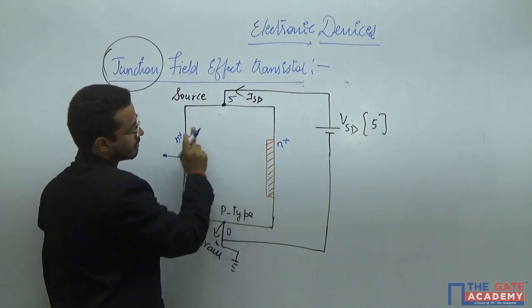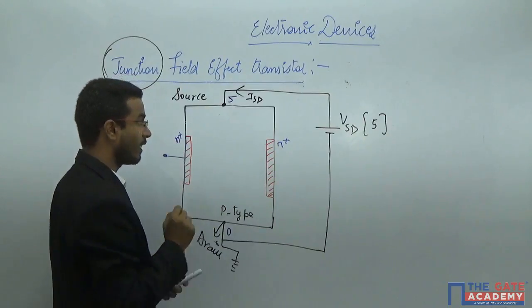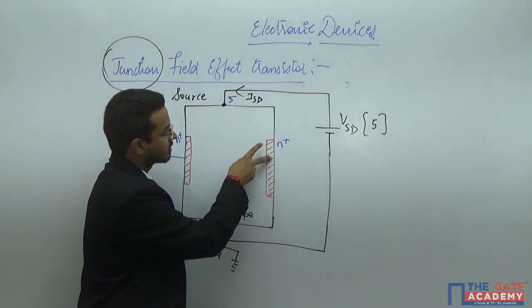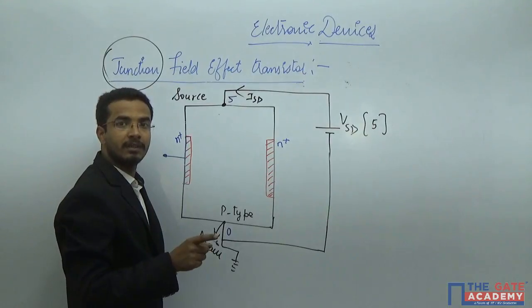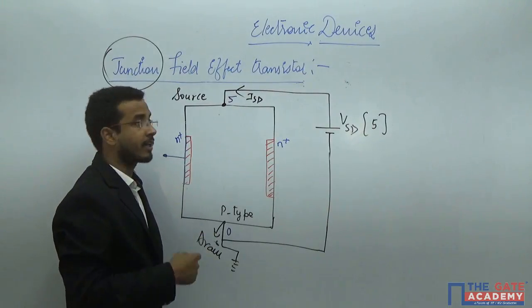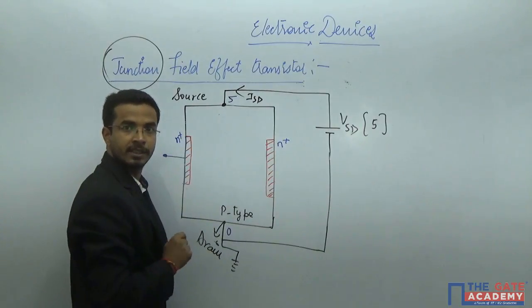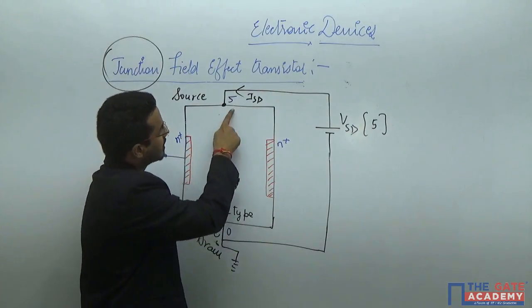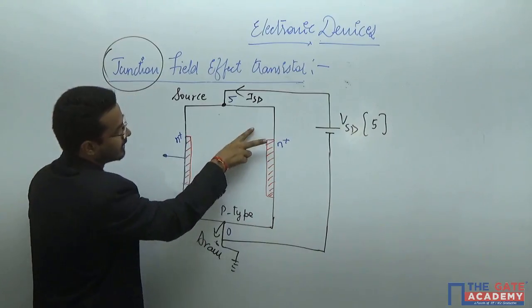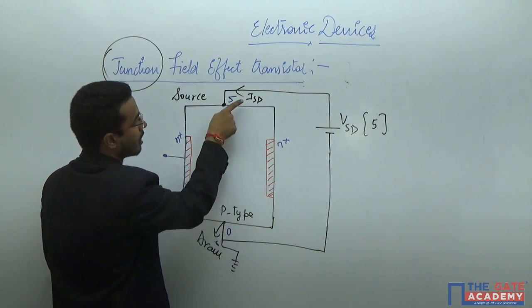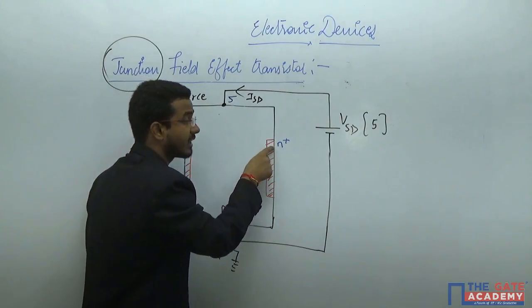Now tell me one thing. Can you do this? Because all the time you are trying to achieve current from source to drain or drain to source. Yes or no? But if this happens, you will see there is a forward bias junction, because this P type is at a higher potential than the N type.